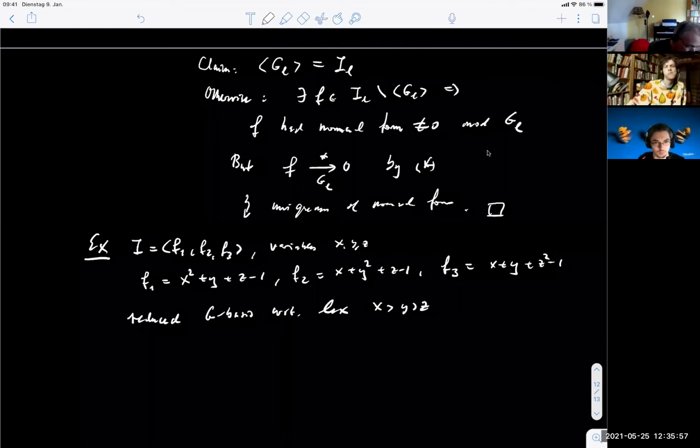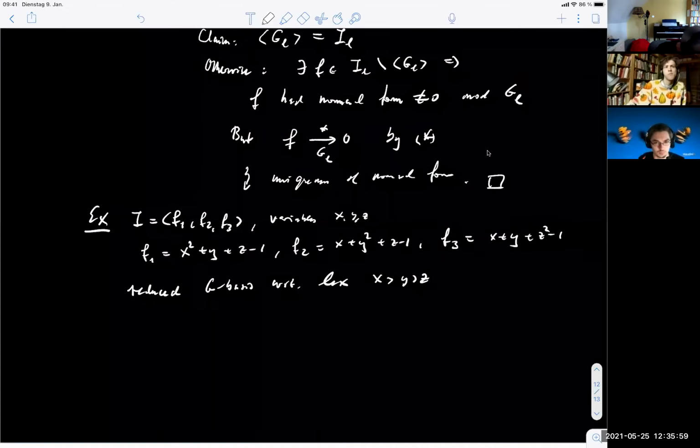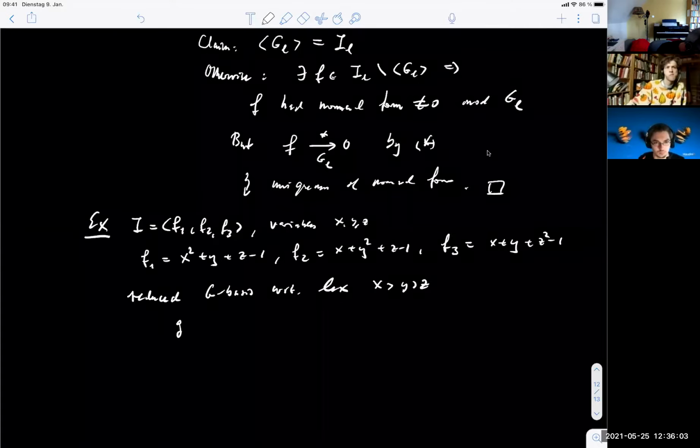I don't like to compute it by hand. So the computer gives me the answer. It gives 4 polynomials, and I just copy them. So G1 is x plus y plus z squared minus 1.